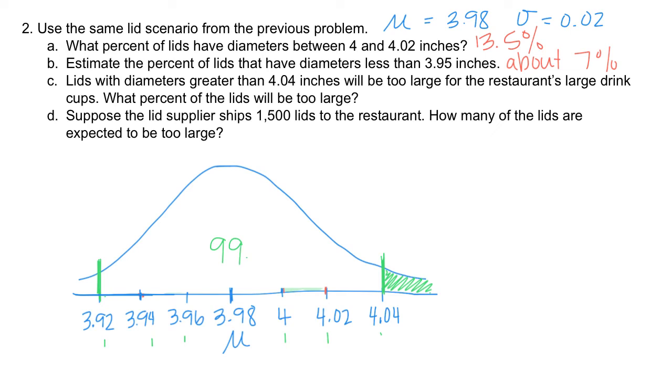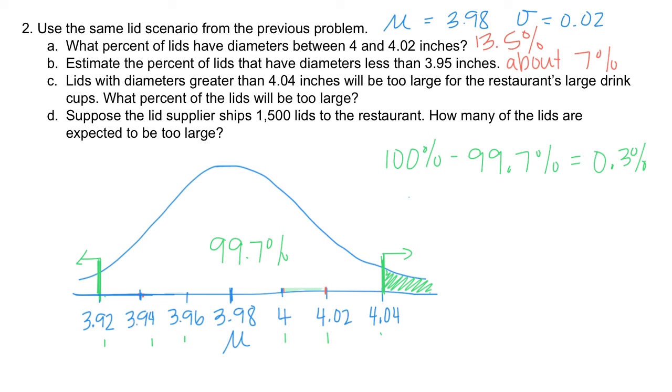That was 99.7% of the data according to the empirical rule. So we want what's left over outside of that. 100% minus 99.7% gives me 0.3%. But that's for both areas.